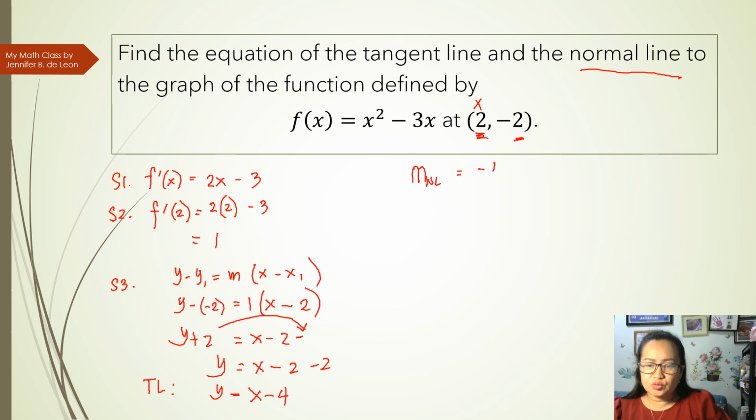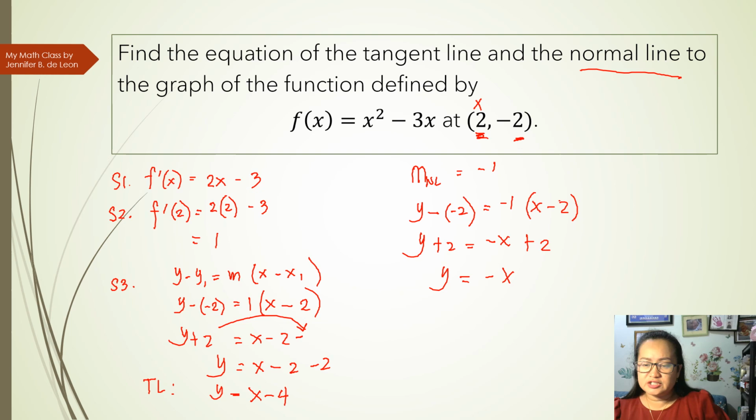Using the point-slope form, we shall have y minus negative 2 equals negative 1 times x minus 2. So y plus 2, and then distribute negative 1 to each factor, we will have negative x plus 2. Simplifying this, we will have y equals negative x.